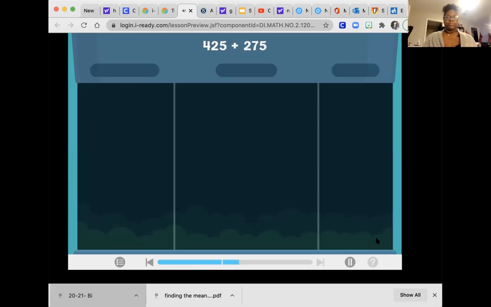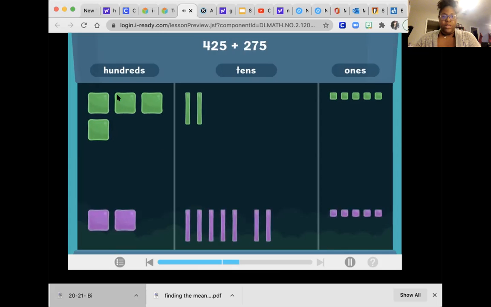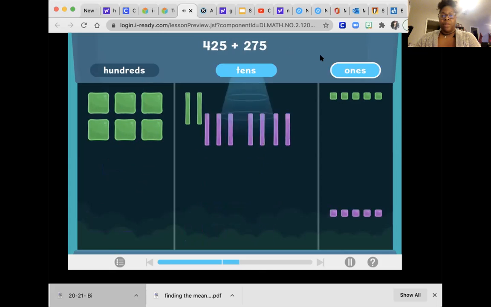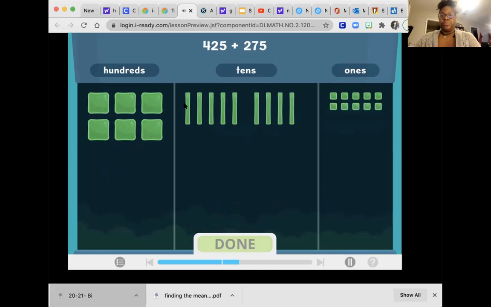Let's find 425 plus 275. Tap the buttons to move the blocks together. So now that we've talked through this, we're just going to go ahead and move the blocks together because we know what to do. Now the blocks are all together. Make a 10 or 100 if you can.